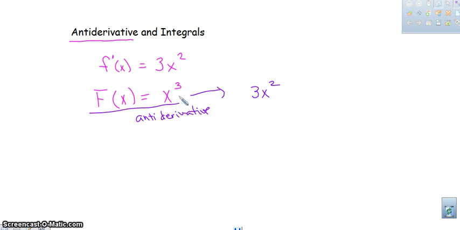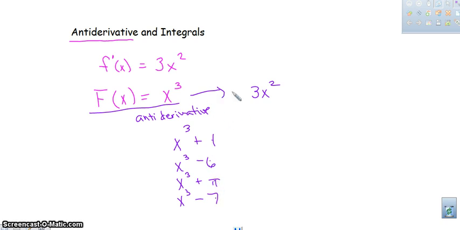Actually, that's just one answer. I could have x cubed plus 1. I could have x cubed minus 6. I could have x cubed plus pi. I could have x cubed minus 7. I really could have anything there, because remember the derivatives of all these numbers that I'm tacking on are 0.